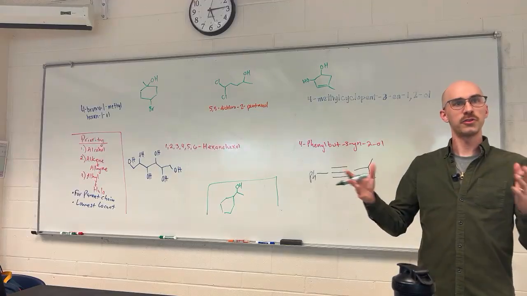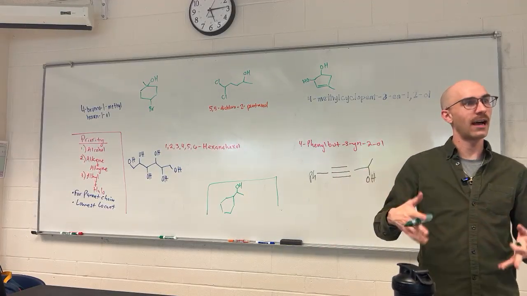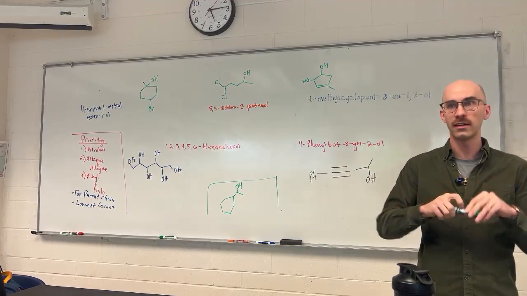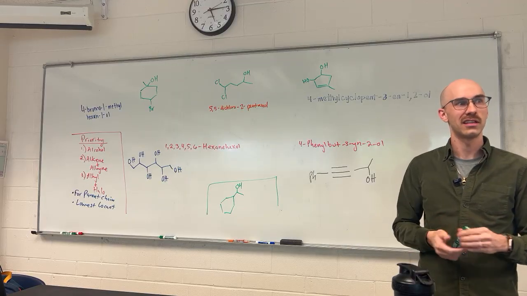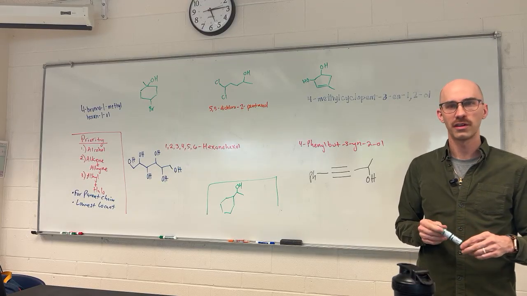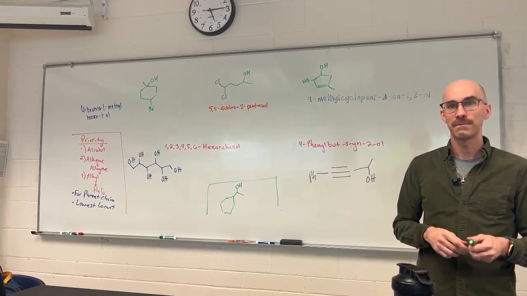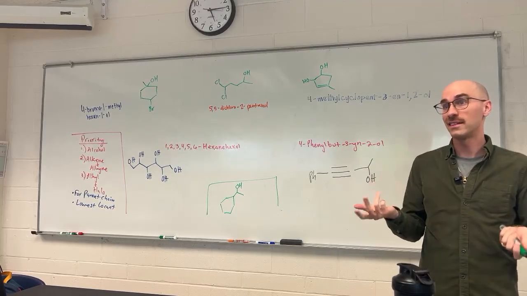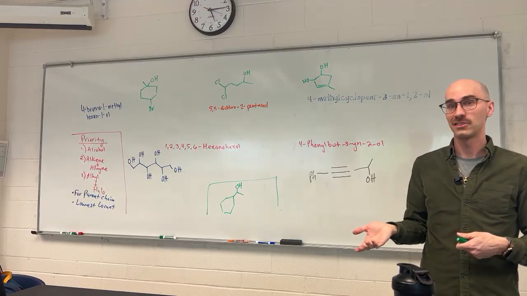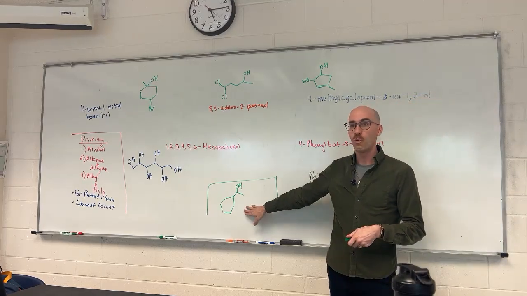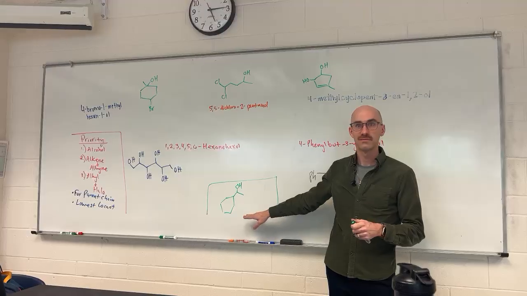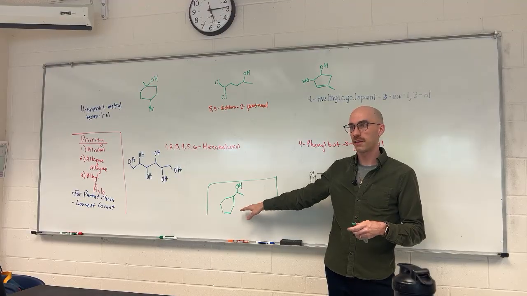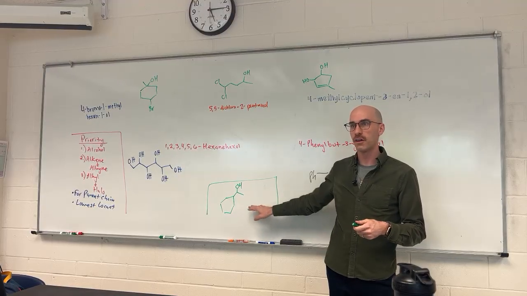Cyclohexane with a 2-carbon chain coming off of it and an alcohol on that 2-carbon chain. What is the longest carbon chain that includes the highest priority functional group? Ethyl. It's an ethanol chain. So this compound is 1-cyclohexyl ethanol, or 1-cyclohexyl 1-ethanol.